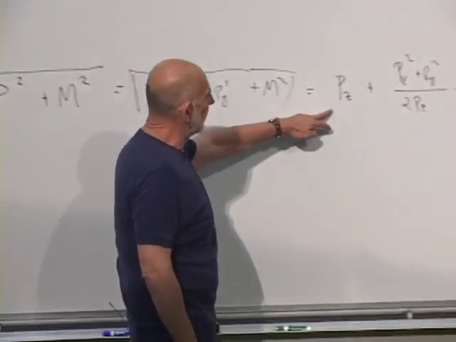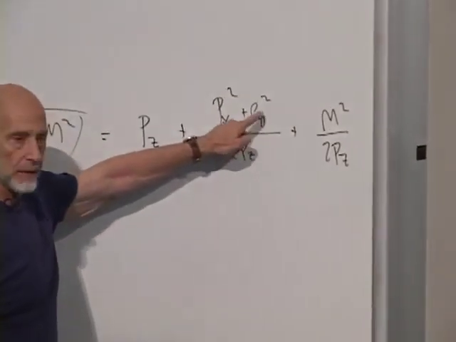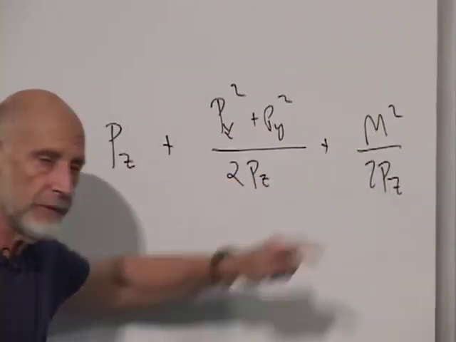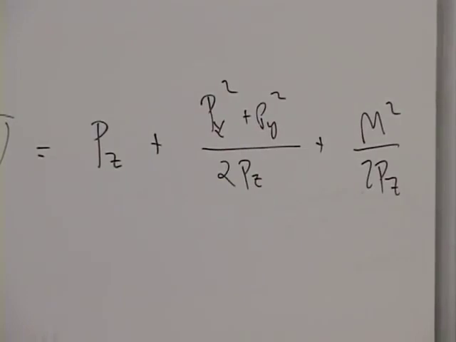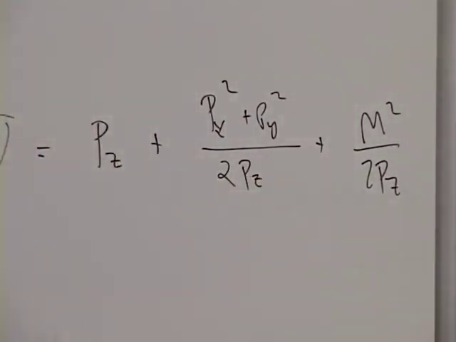Notice that this infinity does not depend on the x momentum, the y momentum, or even all the internal motions which are making up the mass. It's just a constant which doesn't depend on the internal structure of what's going on inside the object. It's just the momentum. You can subtract it off.